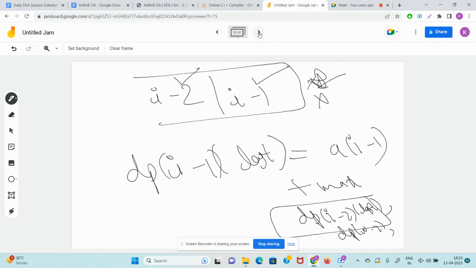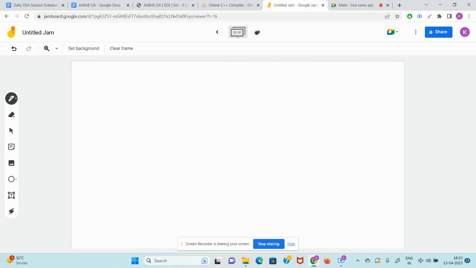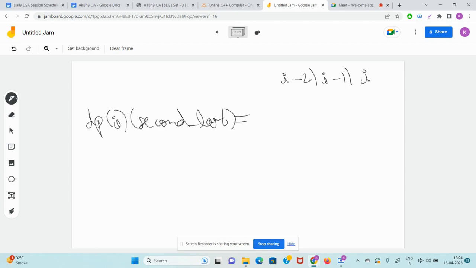You can write like this: dp of I of second last. See, when I do something, I do it on a random basis, so sometimes I should check. Anyways, dp of I of second last. Okay, so this means what? This means first you pick I minus 1, then you pick I. So what is the cost of picking I minus 1 first?